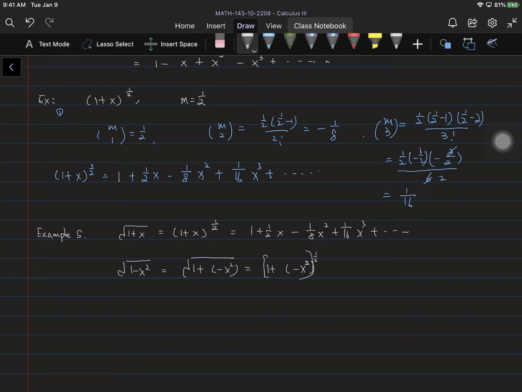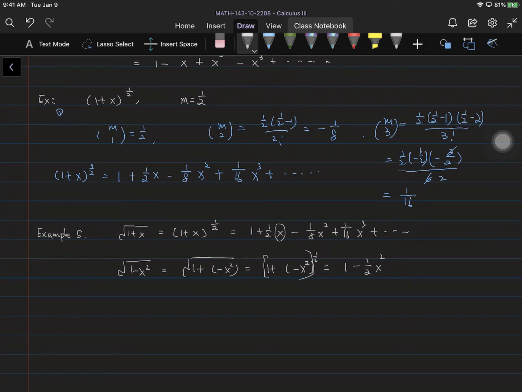Then we find the binomial series. We just change all the x in the first binomial series into negative x squared.